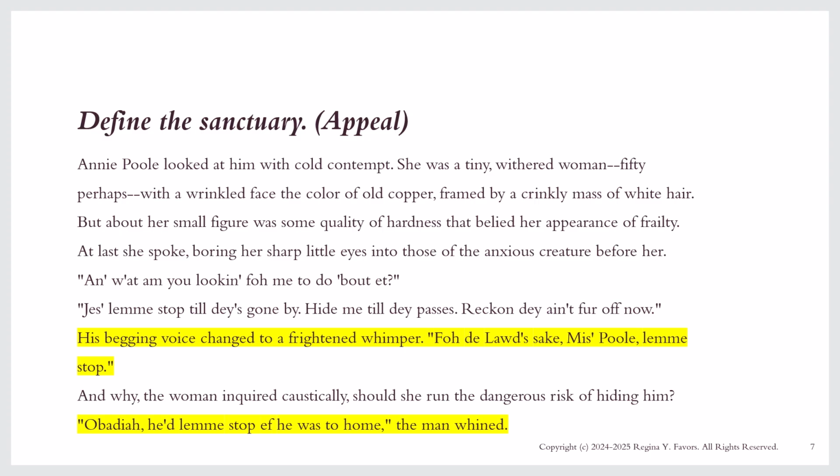And so this whining here is, of course, Nella Larsen's writing, but there's something about this whining that has a twinge of criticism, that the author is criticizing Jim Hammer, putting this old woman, 50 perhaps, with wrinkled face the color of old copper, in harm's way.